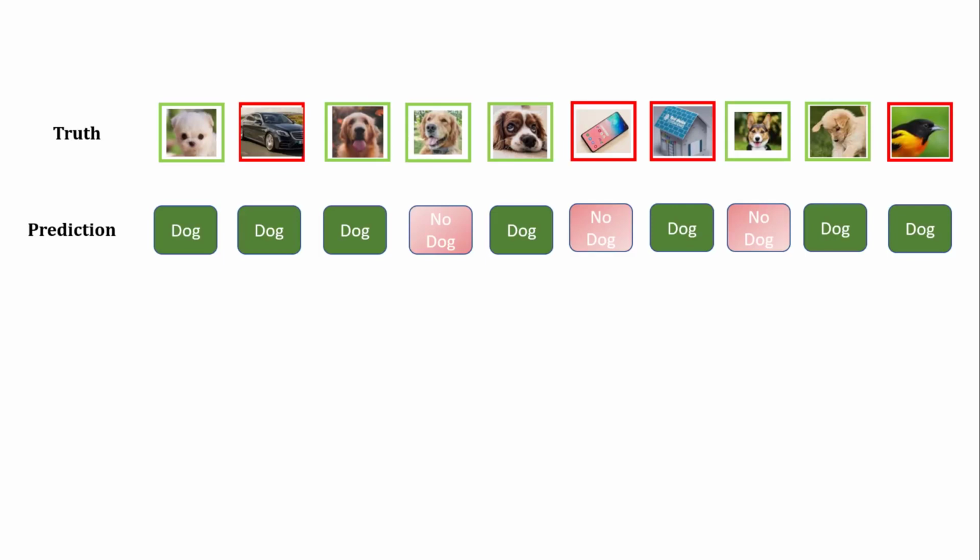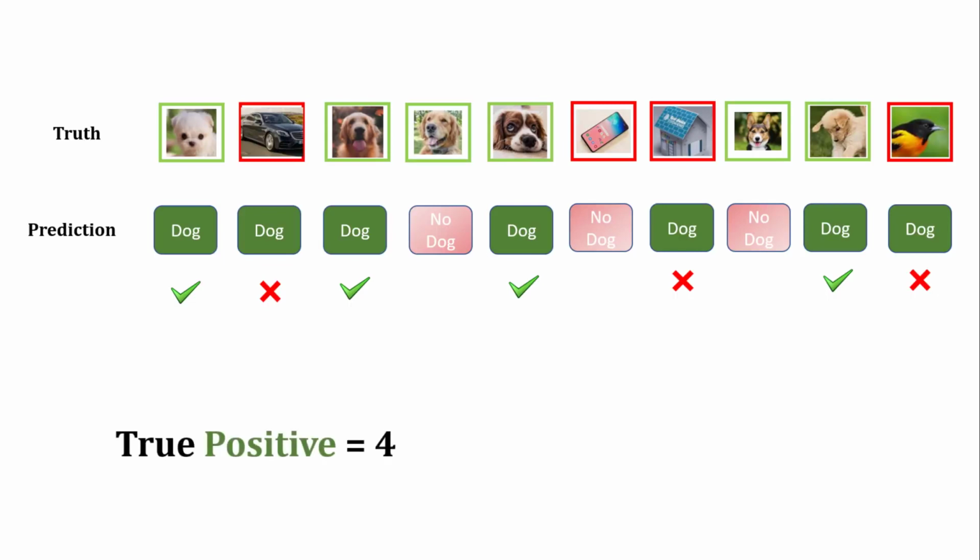Out of those 7, how many of them are correct? Well, this one is not correct, this is correct. So you have marked your prediction as correct or not correct for your positive class, which is dog.